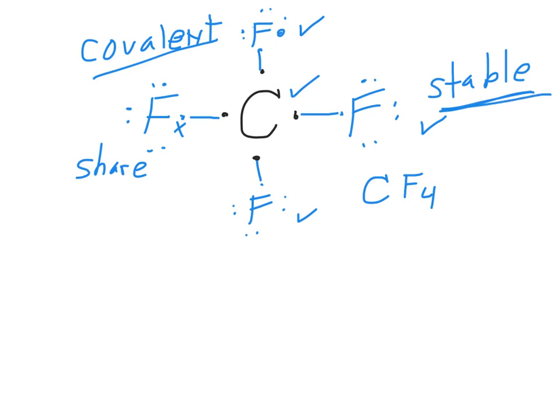Now if you have an ionic bond, for example, let's say sodium has 1 valence electron, and let's go back to one of our halogens like bromine. Bromine has 1, 2, 3, 4, 5, 6, 7.